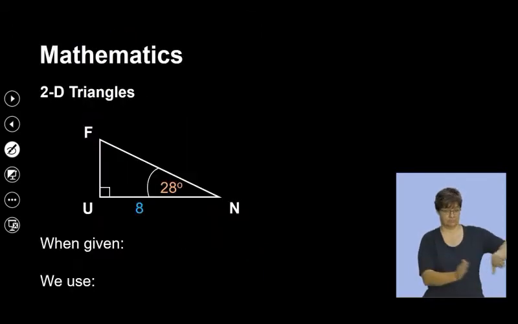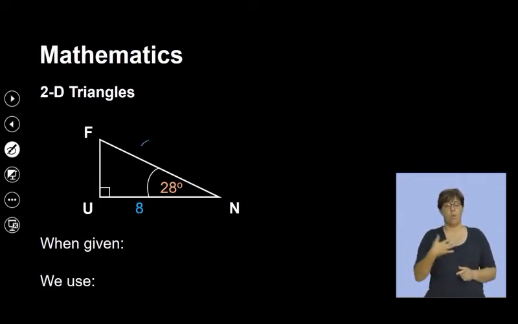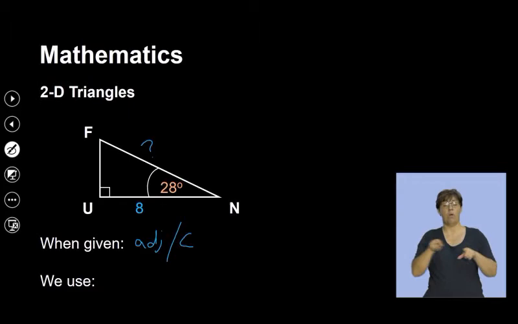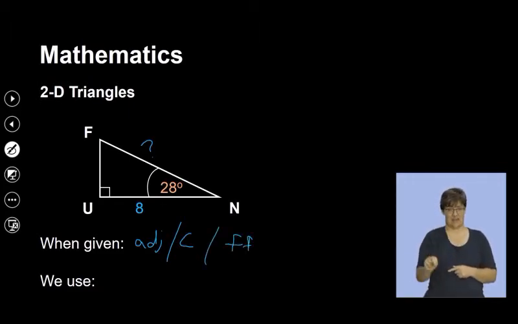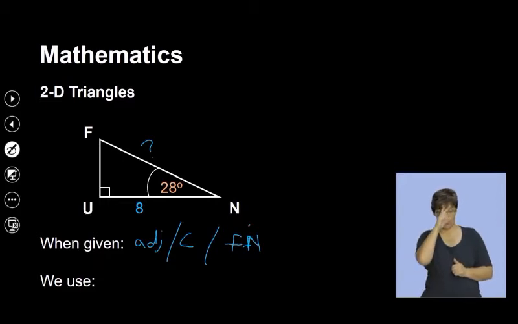Now, if maybe I am now given the UN itself and I'm trying to find what Fn is, I will then say I am given the adjacent to the angle, and I'm also given the angle. Now I'm trying to find Fn, right? And Fn, remember that this is our hypotenuse side.